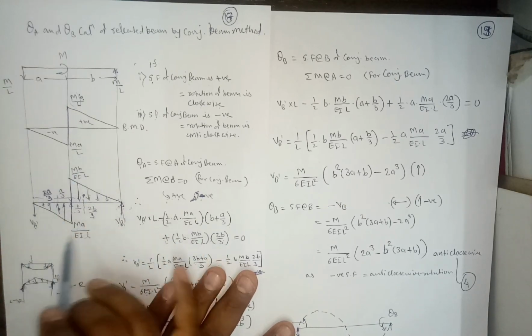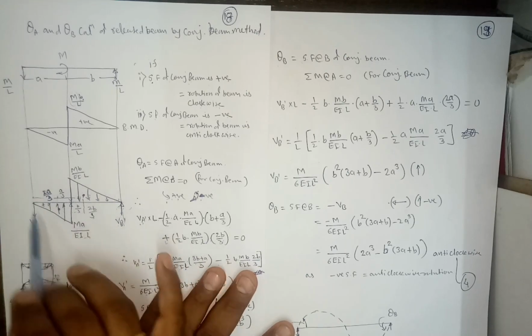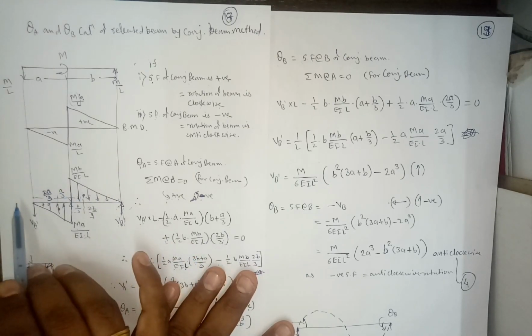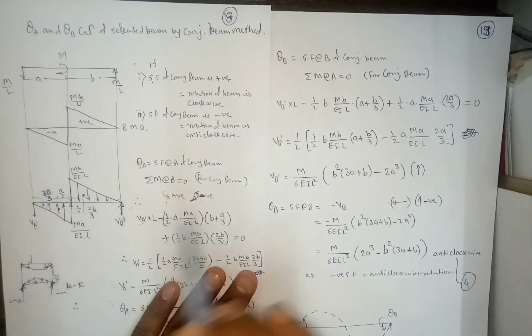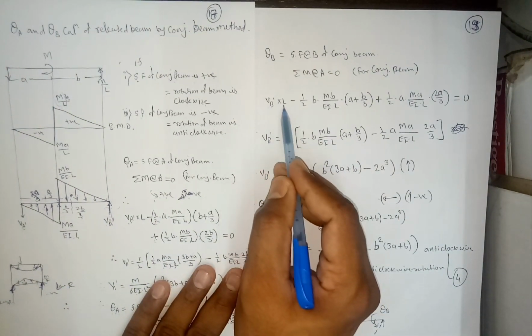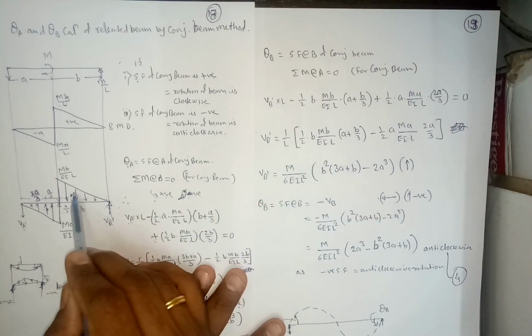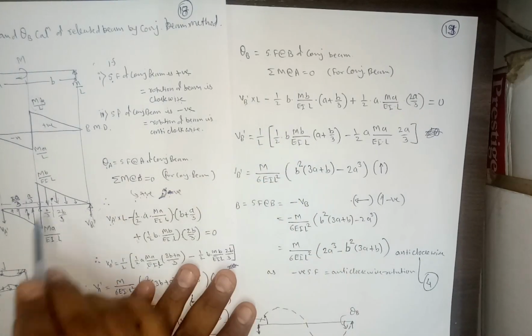Again here we are assuming anti-clockwise positive moment, clockwise negative moment. So this moment will be negative, this will be positive, this will be positive. Therefore VB dash into L minus, since it will now cause clockwise moment, minus area into distance.